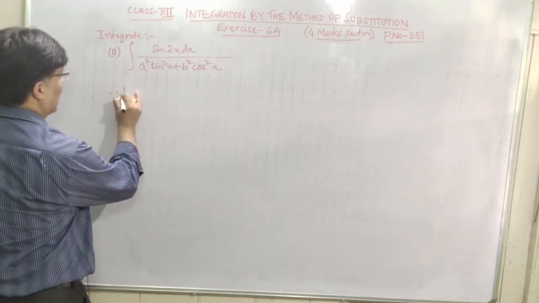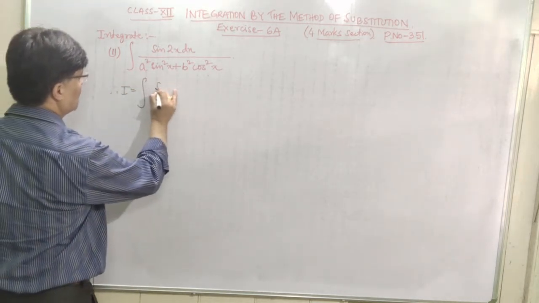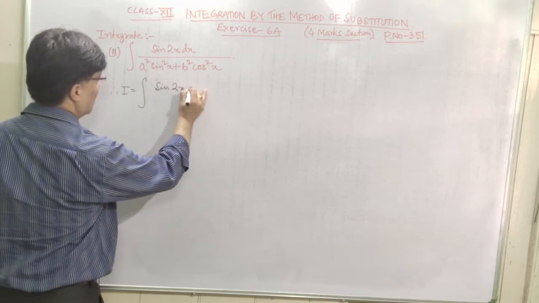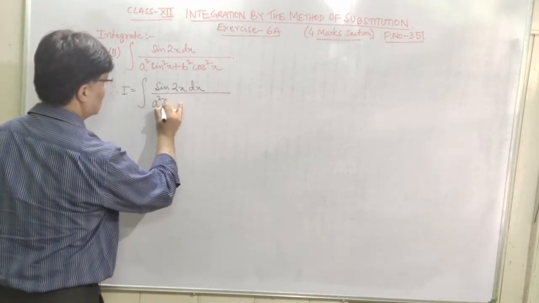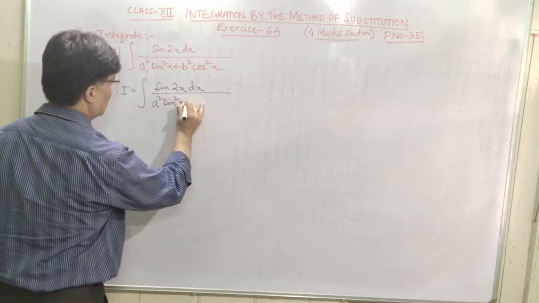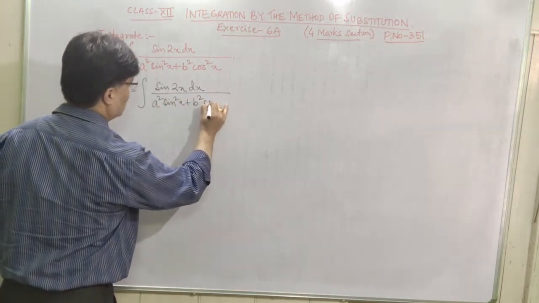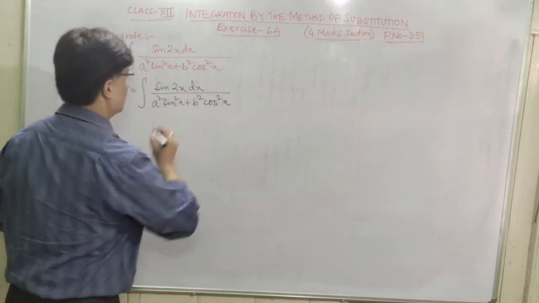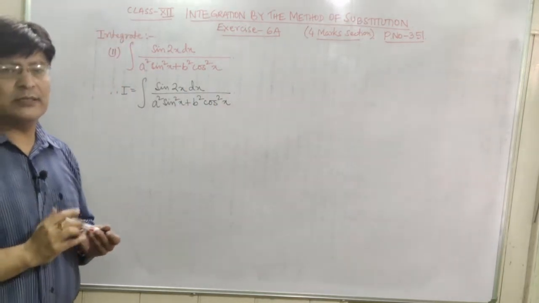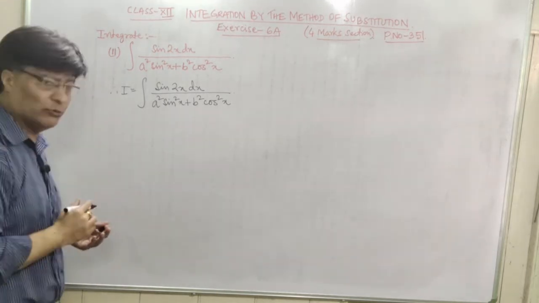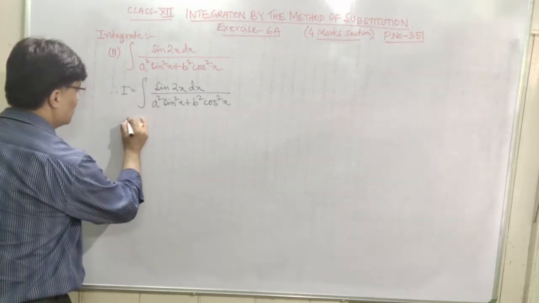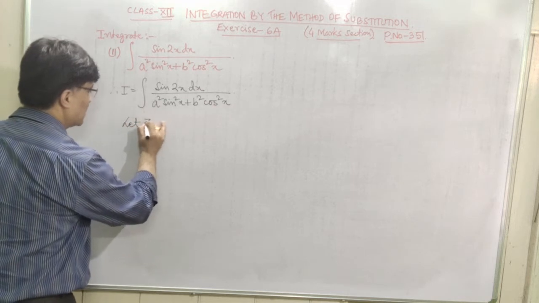Therefore, I is equal to the integration of sin 2x dx divided by a² sin²x + b² cos²x. Here the differentiation of the denominator will be the numerator. So let us assume this denominator as z.